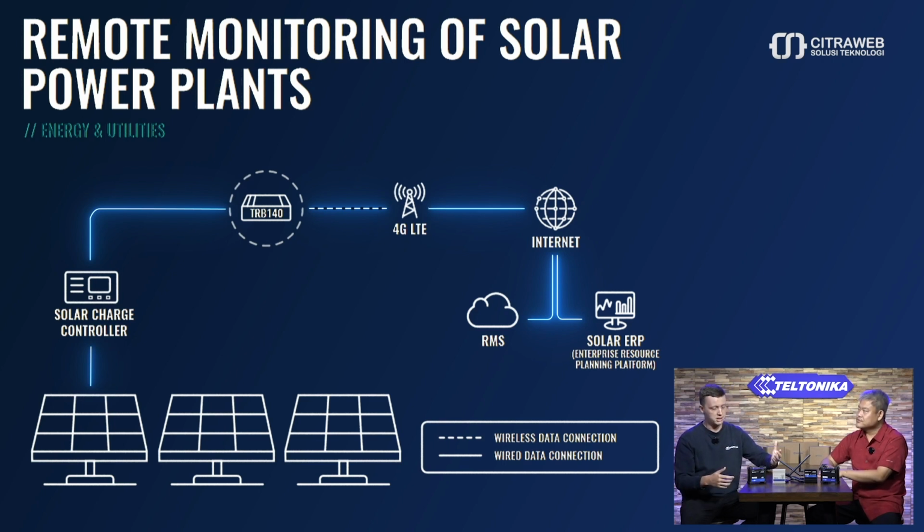For example, the battery, as I said, how many electric watts you are getting, and so on. If you have many solar panel plants, you can connect a few controllers, or make connectivity together, all of them, and connect through, let's say, RS485.